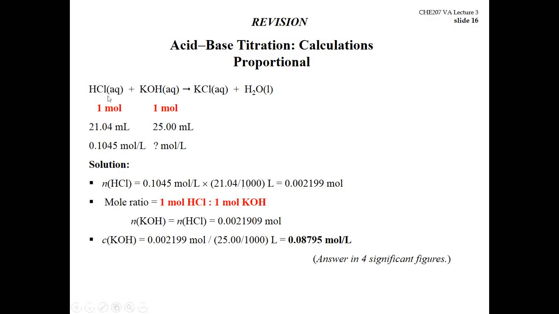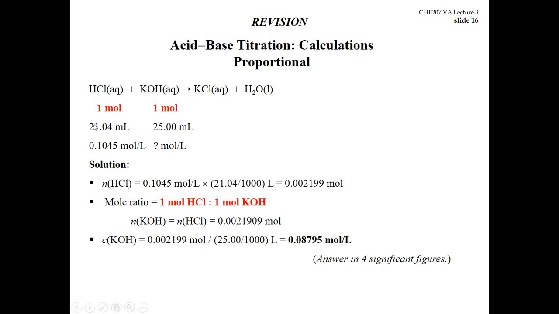And then we look at the equation. We see the mole ratio here is 1:1. So this means the number of mole of KOH equal to the number of mole of HCl. Knowing the number of mole of KOH, knowing the volume of KOH, we can calculate the concentration of KOH.